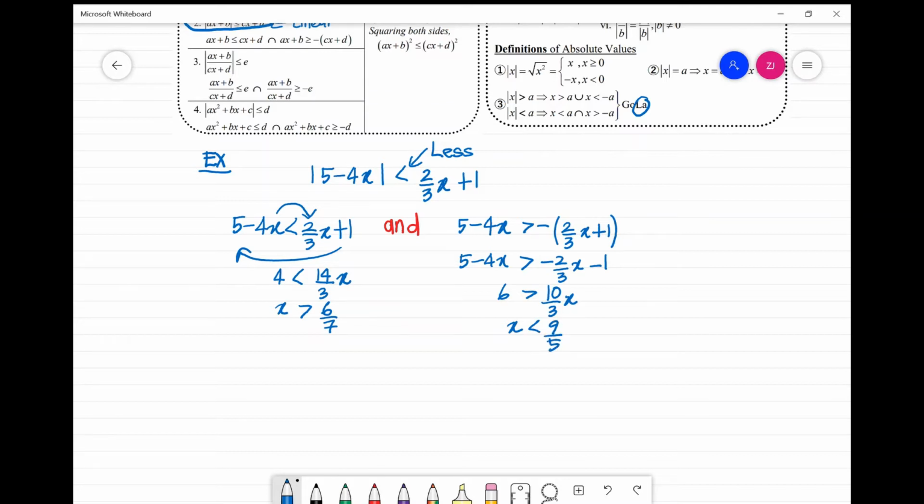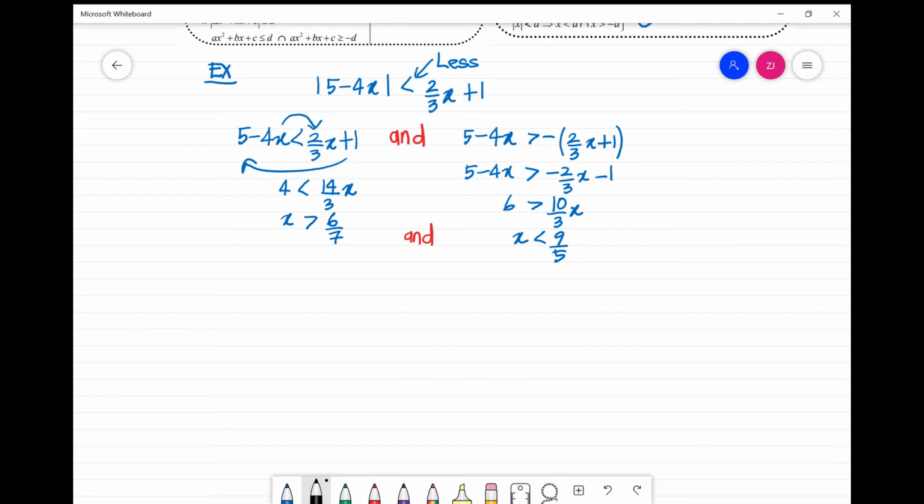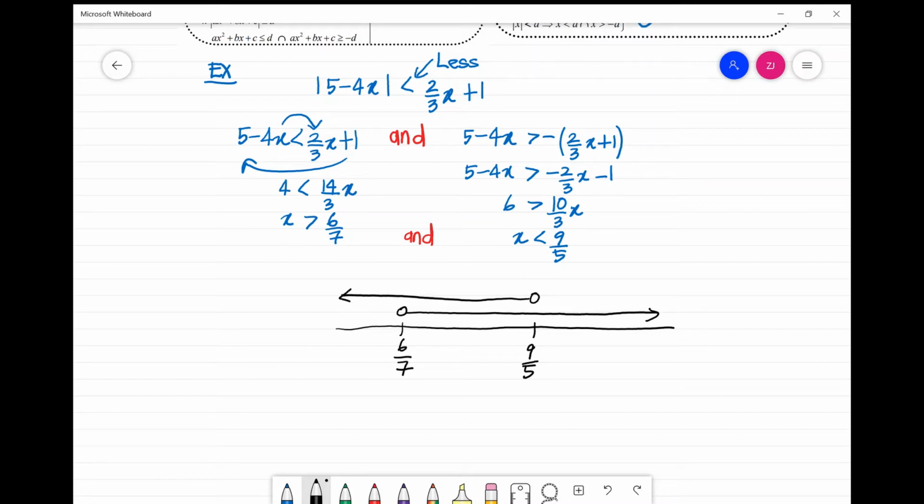Now we need to find the intersection between these two. How do we do this? We need a number line to help us, so we draw a number line. 6 over 7 is smaller than 9 over 5, so we will have 6 over 7 to the left and 9 over 5 to the right, both empty circles.